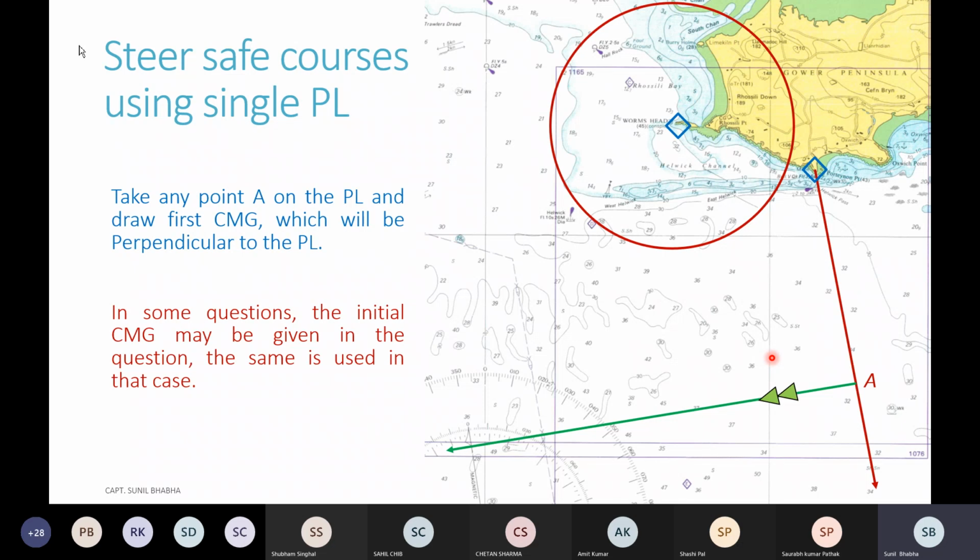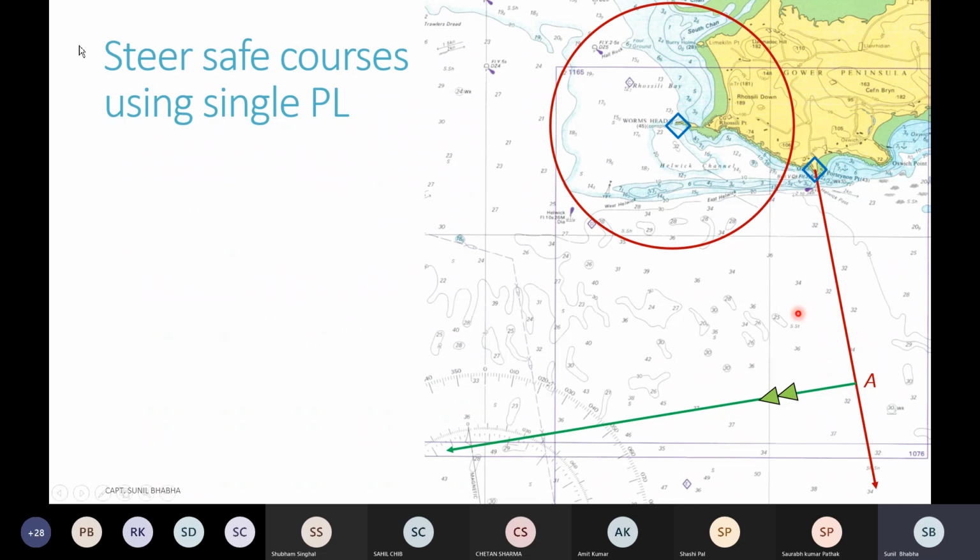Whatever course made good is given to you in the question, you have to mark that same course made good from this arbitrary point A. We have the initial course made good plotted on the chart now.